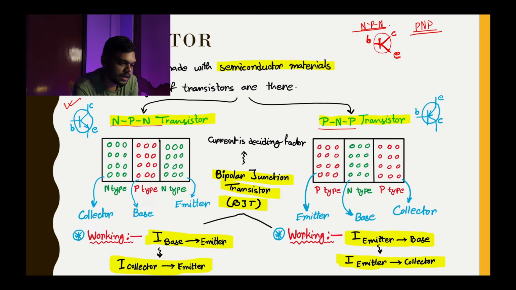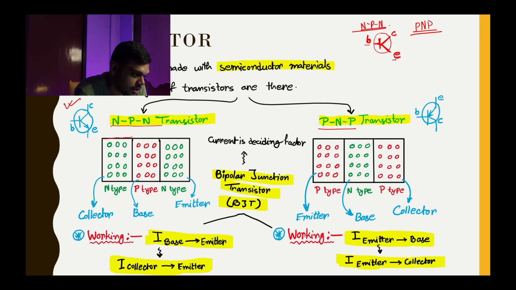So let's see. In NPN transistors, at first I have to mention base and emitter. What are those?